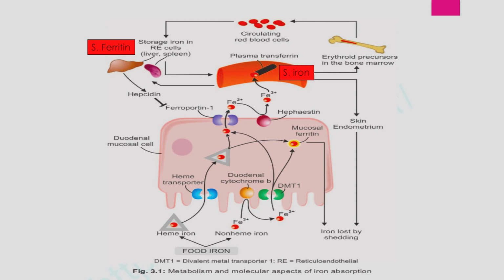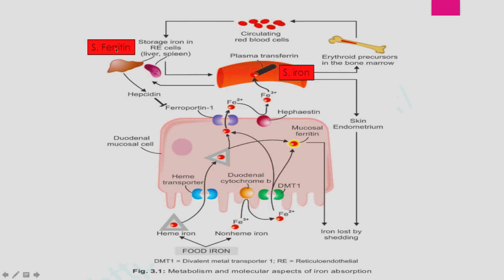Right, some of this ferritin is leaked into the blood, and the blood contains serum ferritin as well, only 10%. So the blood contains the ferric form of iron in two forms: one as plasma transferrin, iron attached to the transferrin protein, and one is iron attached to the ferritin protein.